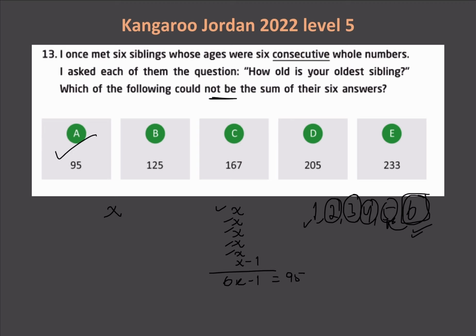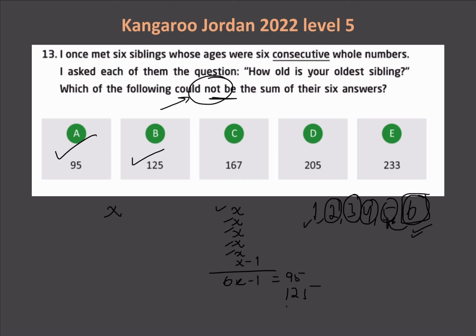Remember that you need an answer that couldn't be. If the answer is 125, which is the second choice, then 125 plus 1 is 126, and it's divisible by 6 because it's divisible by 2 and by 3. So this is a true answer that I don't need to take.